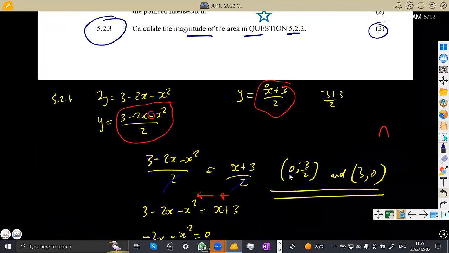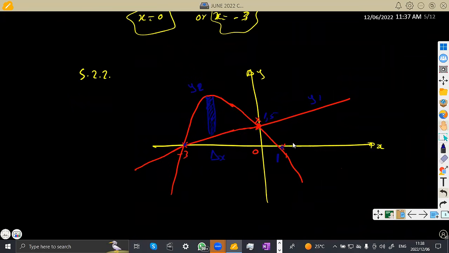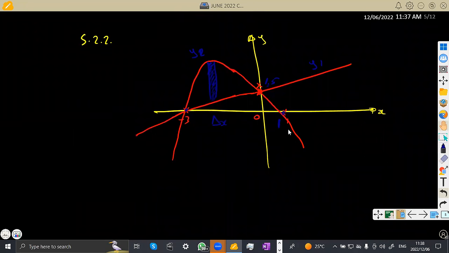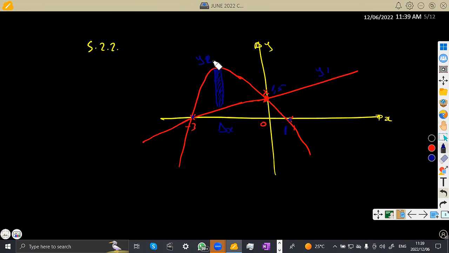So for us to have the area, as we can see, we've got two graphs which are affecting each other, and we are going to find the difference between the two graphs. So it's going to be the one on top minus the one below. So that's the one that you're going to use now when calculating your area, the one on top minus the one below. So I'm going to write here, this is the one that is on top.